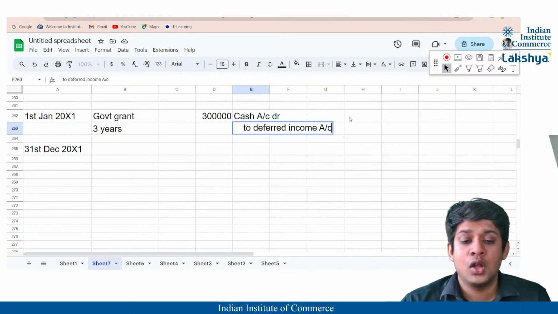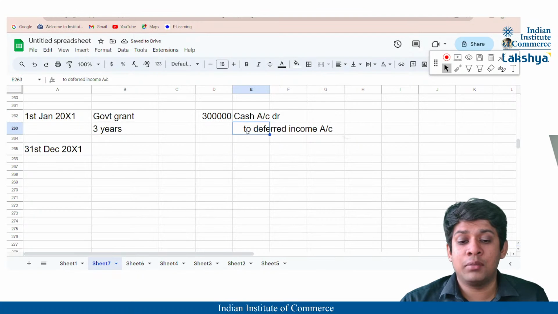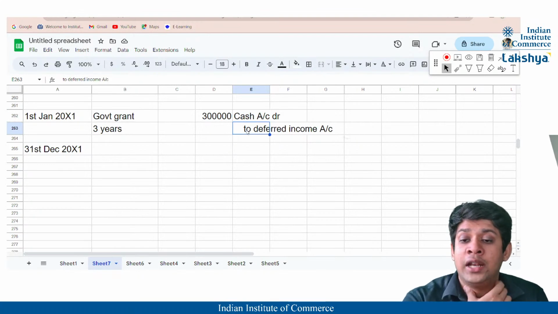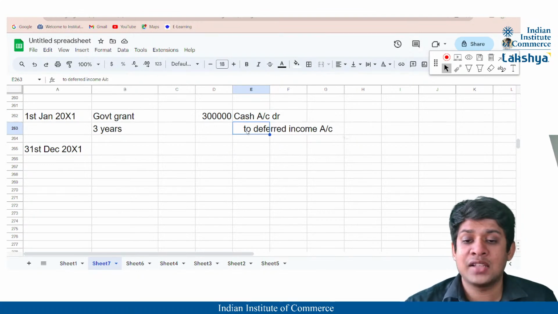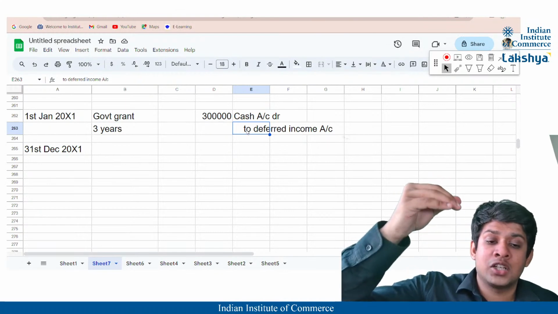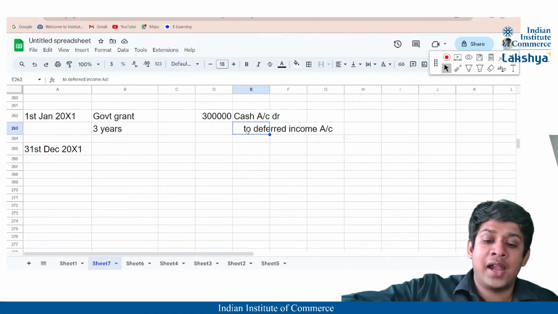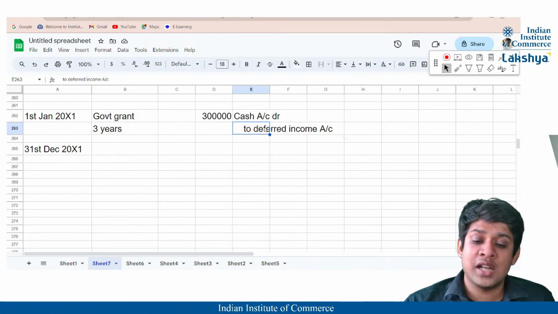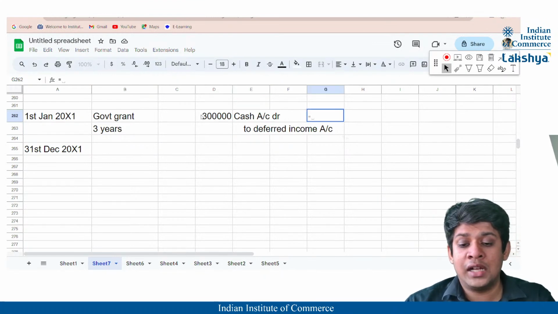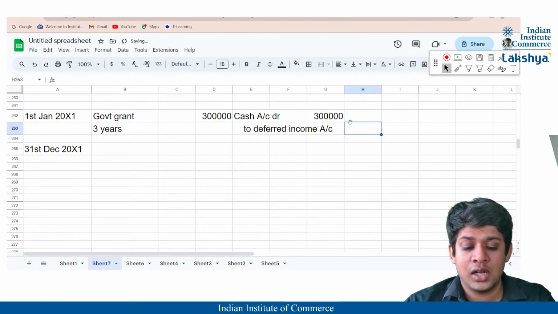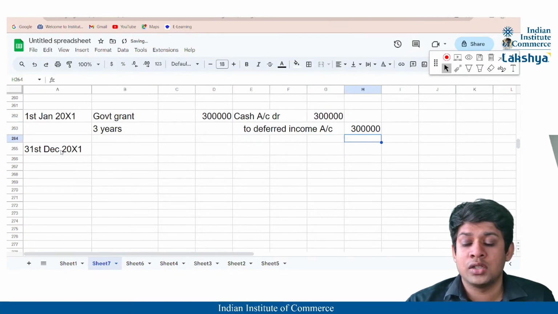Deferred income is nothing but on a future date, I've received the money right now, but I'm creating a liability. On the future date, I can actually recognize it as an income. As I keep on complying with the conditions of the government every year, I can actually amortize this deferred income. How we'll do that, you'll understand. So technically right now you're creating it as a liability that is deferred income, which is $3 lakh.